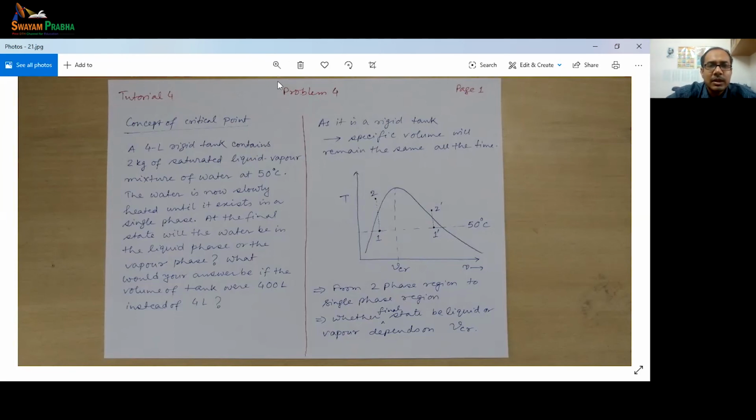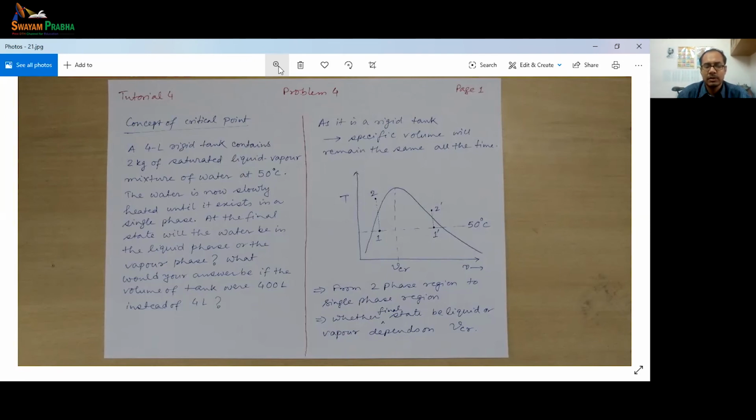Okay, hopefully all the problems that we have taken in the last tutorial as well as this tutorial have covered different aspects of pure substance properties: the R134A and water tables and how to read them.